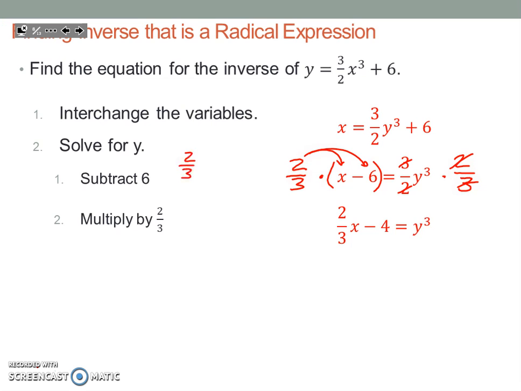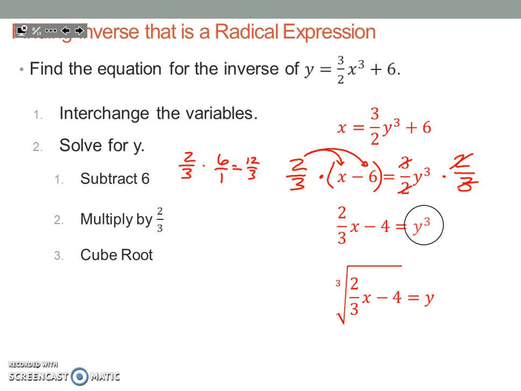If I'm taking 2/3 times 6, it's a 6 over 1, so you have 12 over 3, which gives me my 4 that I was looking for. And then the last step is I've got this y cubed here. How am I going to get rid of that cubed? I'm going to need to use its inverse, which would be the cubed root. So I have to take the cubed root of my y cubed, and I'm going to take the cubed root of this whole side right there. So I get y equals the cubed root of 2/3 x minus 4.